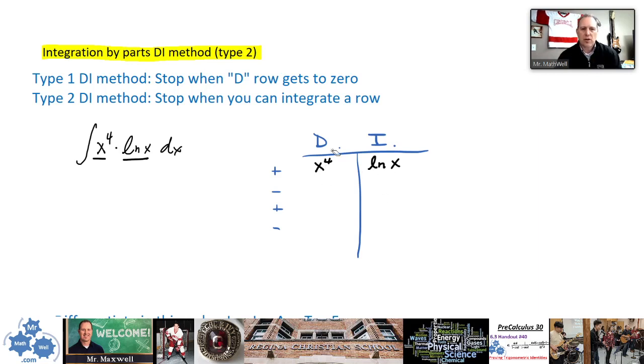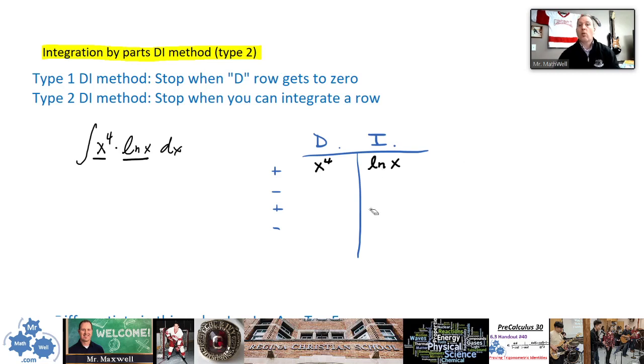So I want to show you this. If you start off like this, this is going to be easy to differentiate, the regular polynomial function. Ln x is going to be a little bit tougher to integrate. If you think about that, the derivative of ln x is 1 over x. What's the integral of ln of x?